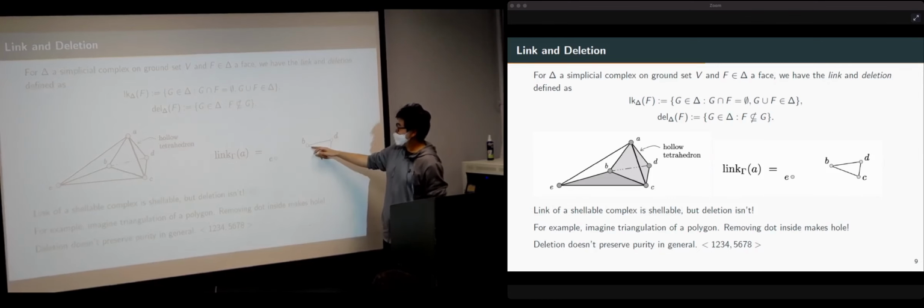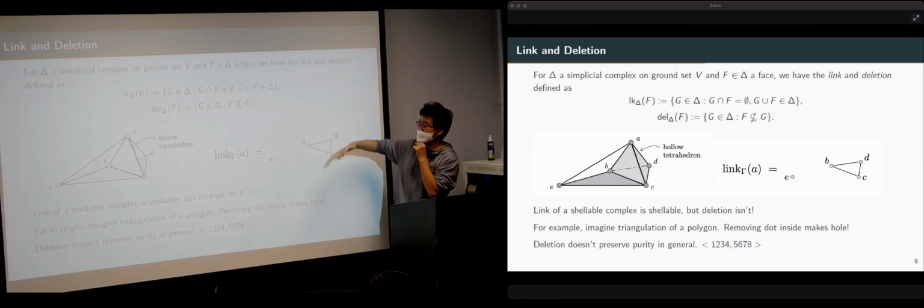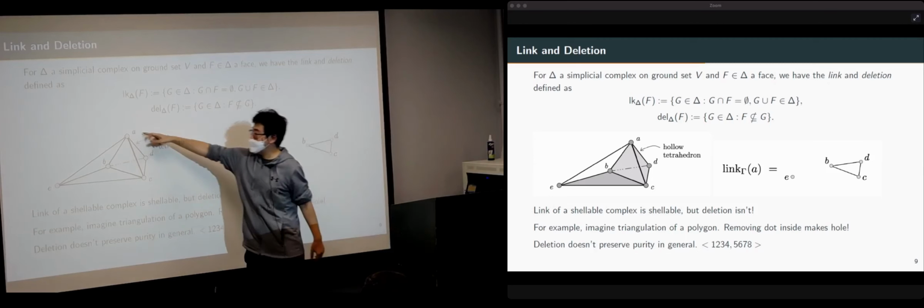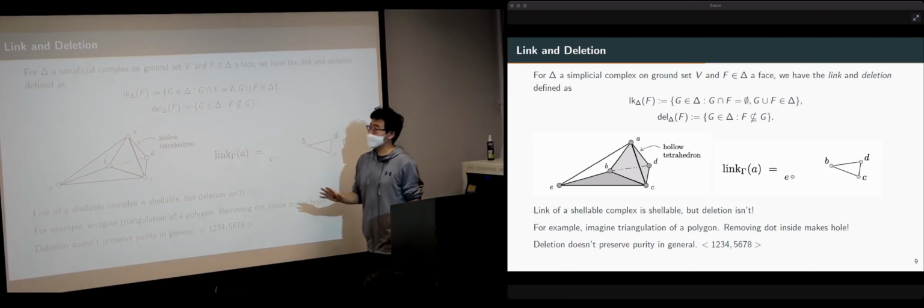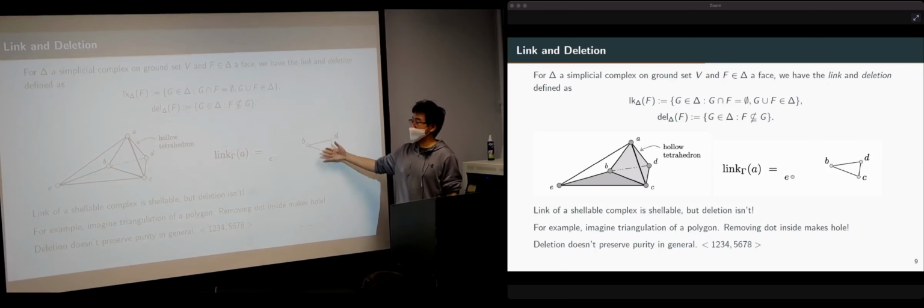But in the link, again, it's kind of hard to see from how the colors are messed up, the triangle BCD is not actually contained in the link. And why is that? Because BCD together with A is the entire tetrahedron ABCD, but that's not supposed to be in our complex. So that's why the triangle BCD is actually missing here.